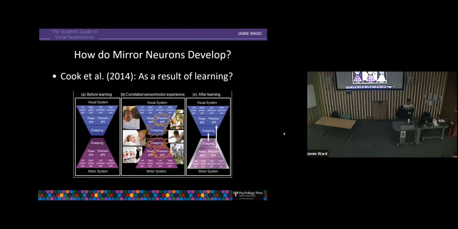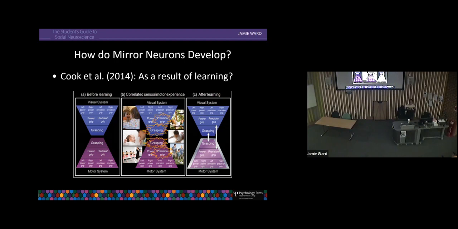What about mirror neurons and these other mechanisms of imitation? So Cook et al. have argued that the mirror neurons are in effect learnt. They're not innate, and they're learnt via simple associative learning. So in a way, they're not completely against the Meltzoff ideas, but they say that is how mirror neurons are formed.